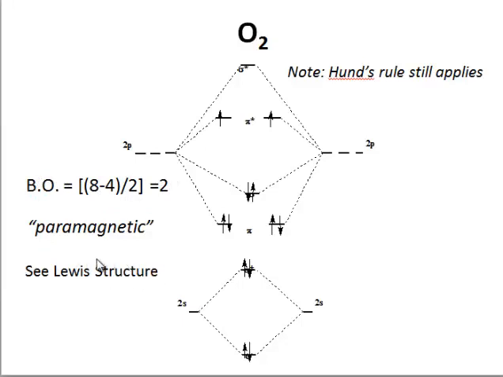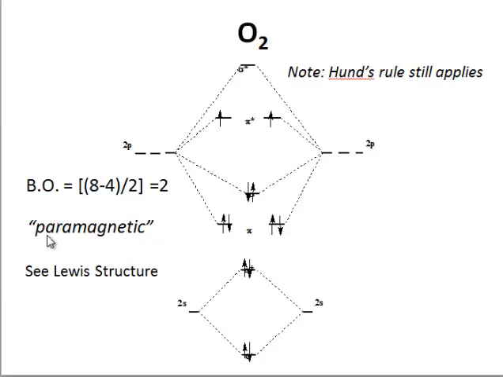However, the Lewis structure, if you look back at it, will tell you all the electrons in O2 are paired, whereas in this picture, clearly they are not because of Hund's rule. Okay, this is an example of a paramagnetic molecule. In other words, because of these unpaired electrons, O2 actually has very weak magnetic properties.